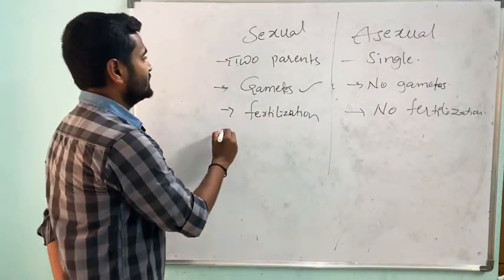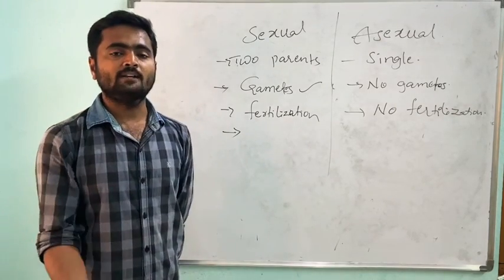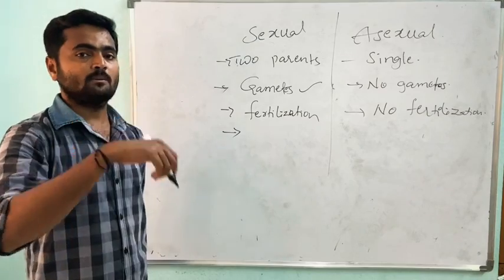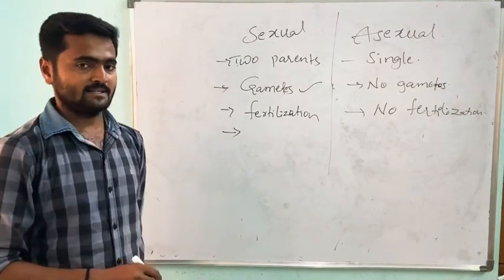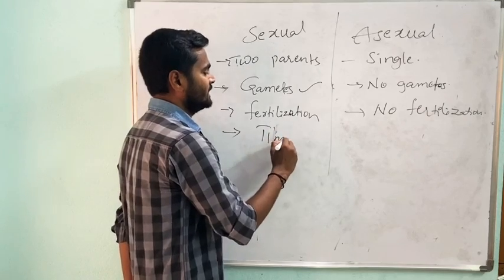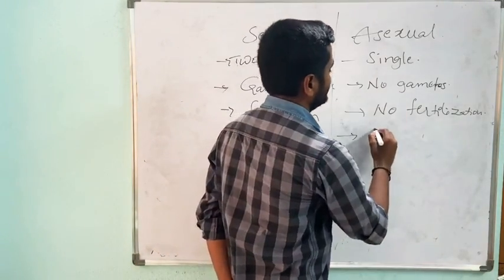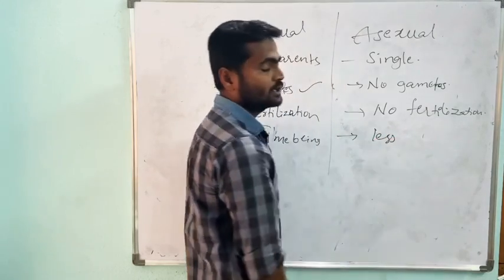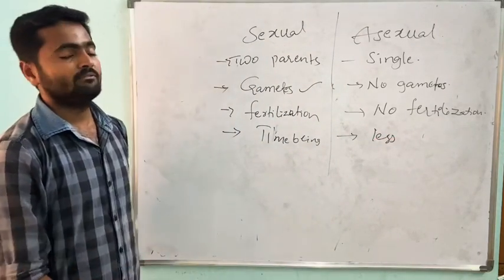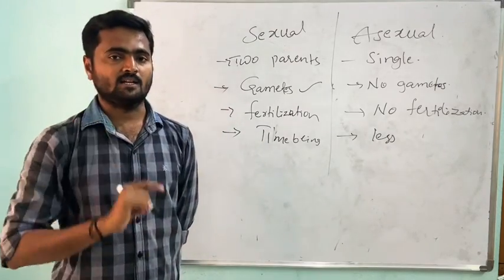In sexual reproduction, it takes a lot of time to identify a partner and for the male cells to reach the female cells, so it is a time-consuming process. In asexual reproduction, it happens in very little time. Why? Because there is no need to identify a partner, as it takes place with only a single organism.